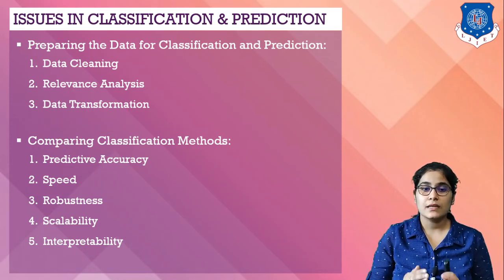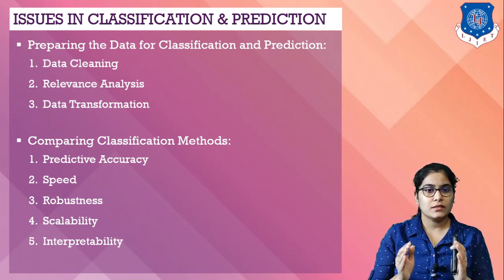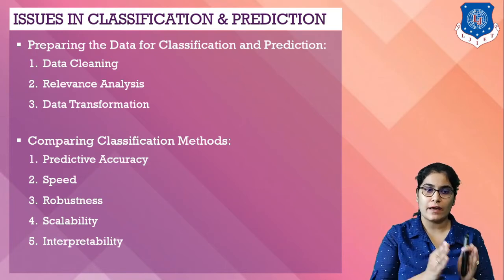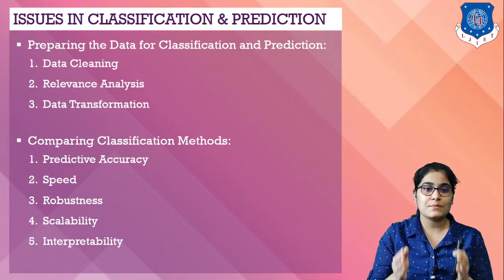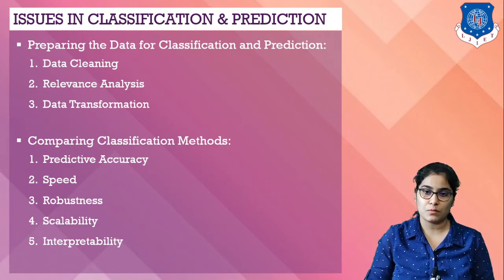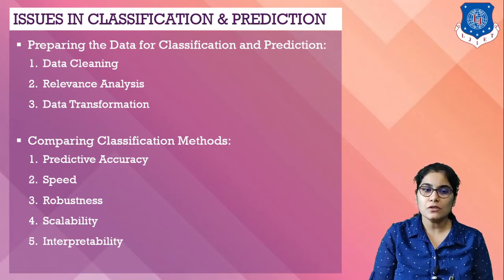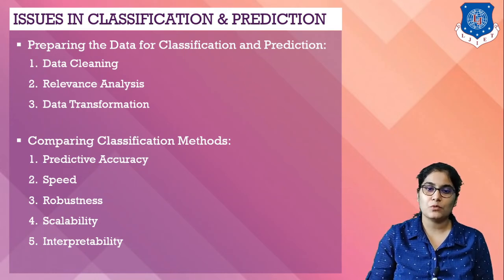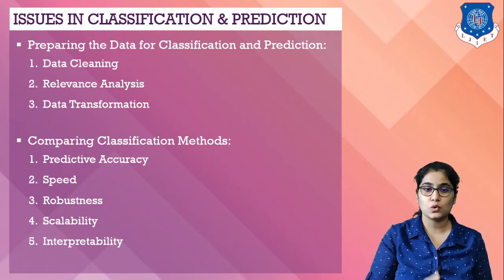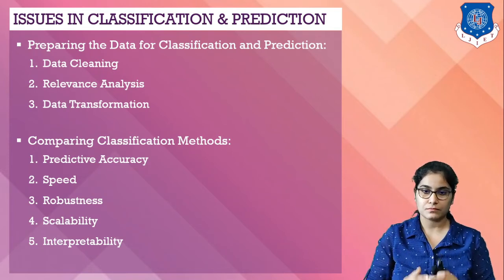Third step is data transformation. The data can be generalized to higher level concepts. Concept hierarchy may be used for this purpose. This is particularly useful for continuous valued attributes. For example, numeric values for the attribute income may be generalized to discrete ranges such as low, medium and high.